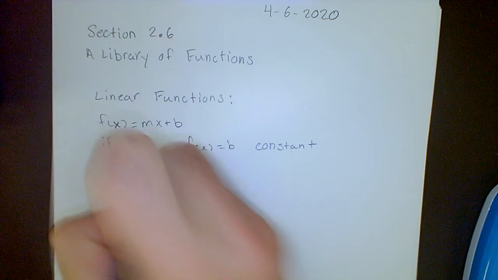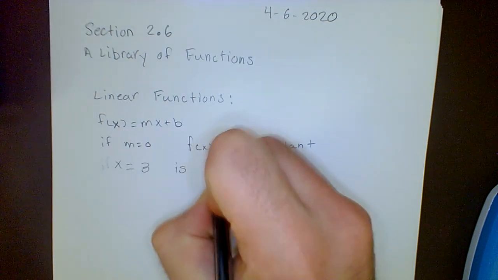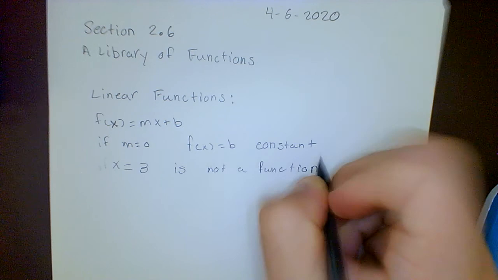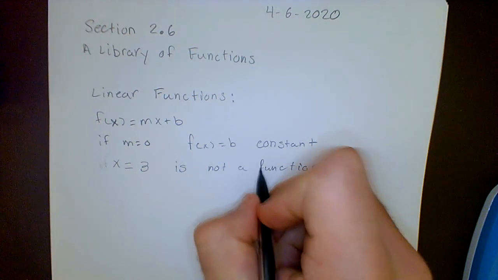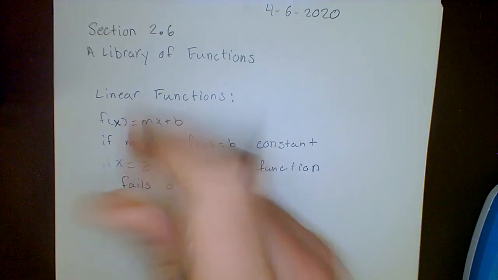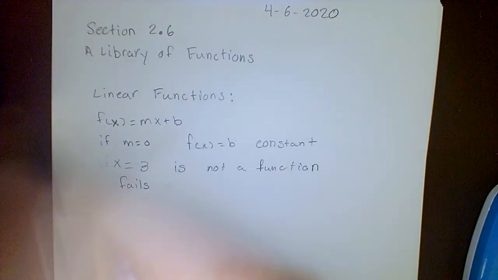For example, x equals 3 is not a function, because it fails the vertical line test.